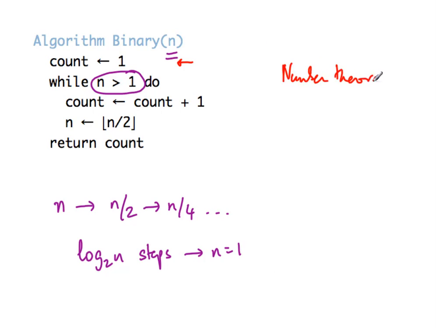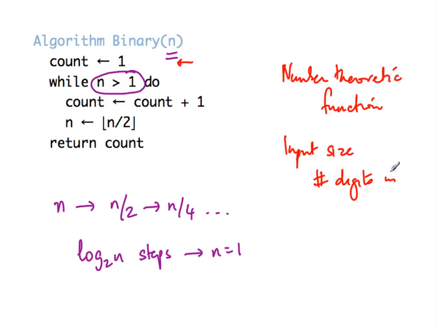So if we are formally estimating its input, the input size should be the number of digits in n, which, since it's a decimal number, is log 10 of n. But log 10 of n is a constant factor away from log 2 of n, just multiplied or divided by log 2 of 10. And so this algorithm is actually linear, but that's not the point of this exercise.